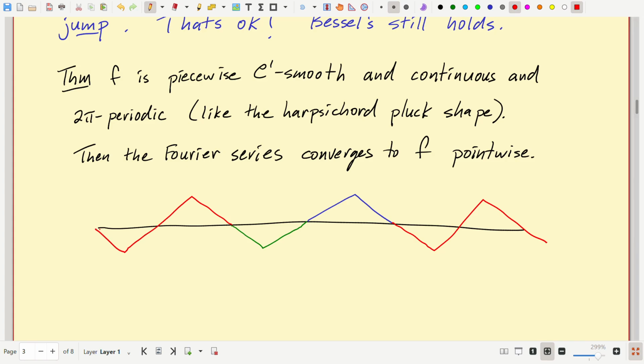Etc. So that's the pluck shape. That's piecewise C1, and it's continuous because at the kinks they hook up. So that's what I mean. Piecewise C1 means on intervals it's C1 smooth, and the derivatives have limits at the ends.